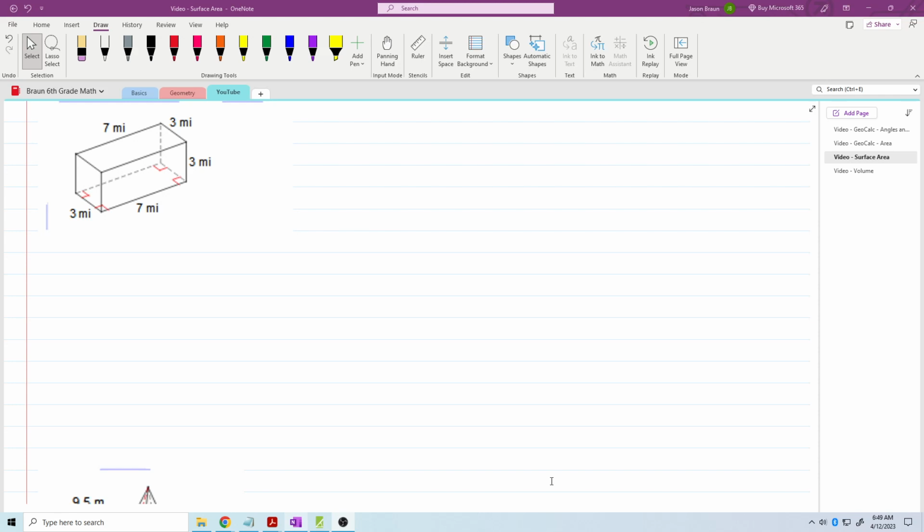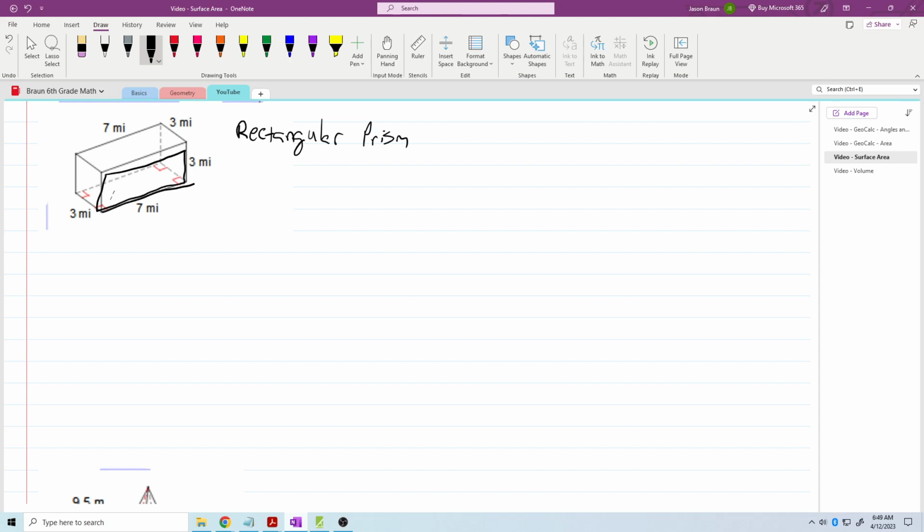This here is a rectangular prism. Well, we know it's a rectangle because look at this here.